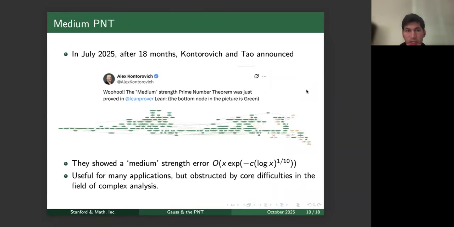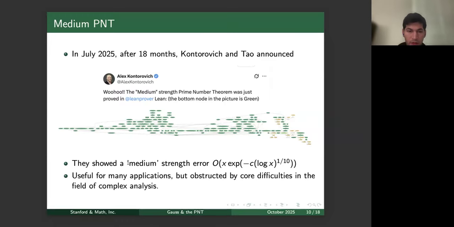And in July this past year, after 18 months of the project, Alex and Terry announced that they had proven a so-called medium strength prime number theorem. So they proved something a bit weaker than the classical error term.